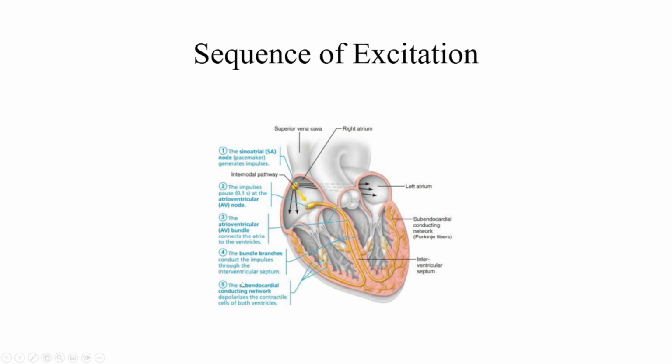And then you've got this part here called the subendocardial conducting network, which depolarizes the contractile cells of both ventricles. All right.